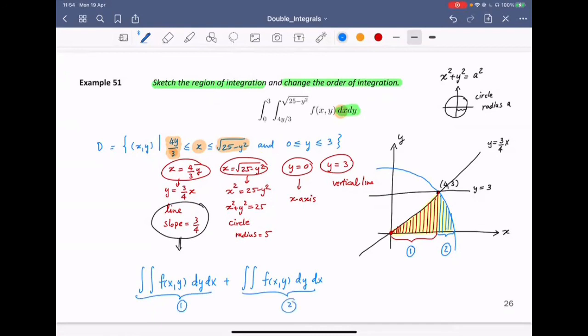For number one, we start from y equals 0, which is the x-axis, to y equals 3/4 x. That's the first piece. And the next one, we start from y equals 0 to the circle, which is y equals the square root of 25 minus x squared.